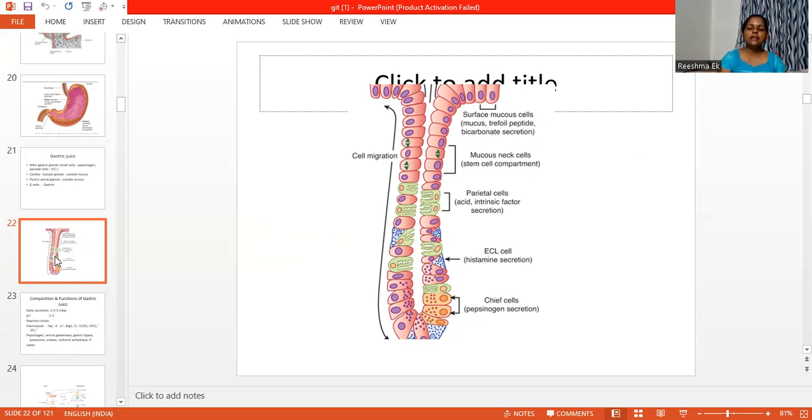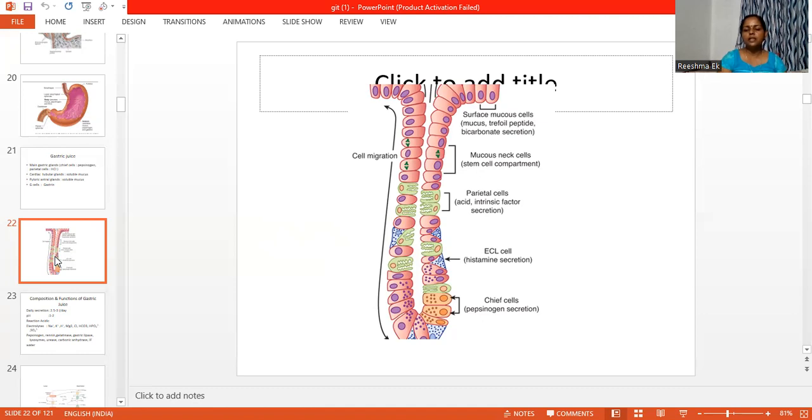Then ECL cell. ECL cell is an enterochromaffin-like cell which secretes histamine. Then parietal cell. It is a peculiar type of cell found in the gastrointestinal tract, which releases HCl, which is acid, and also the intrinsic factor. Then mucus neck cells are present which secrete mucus.